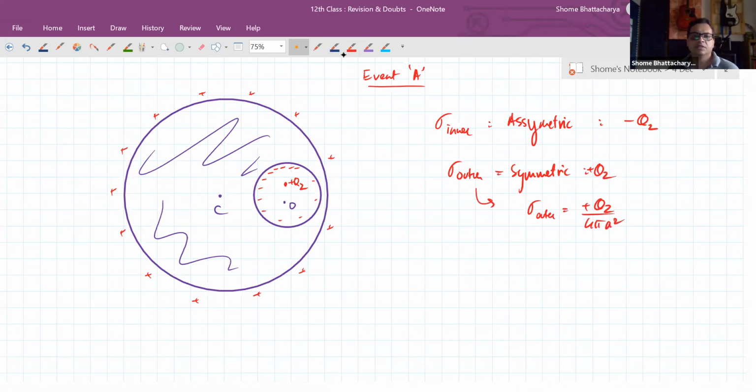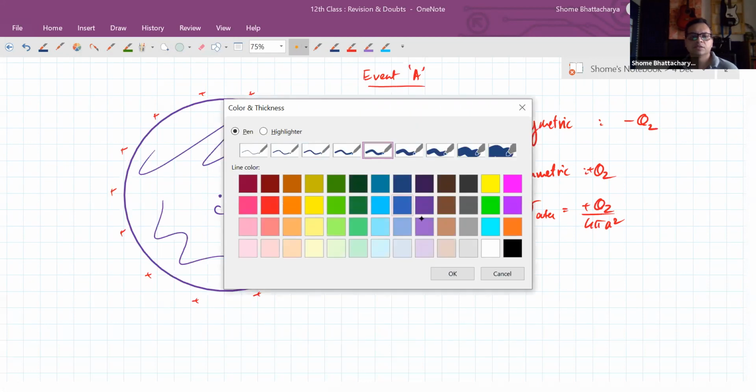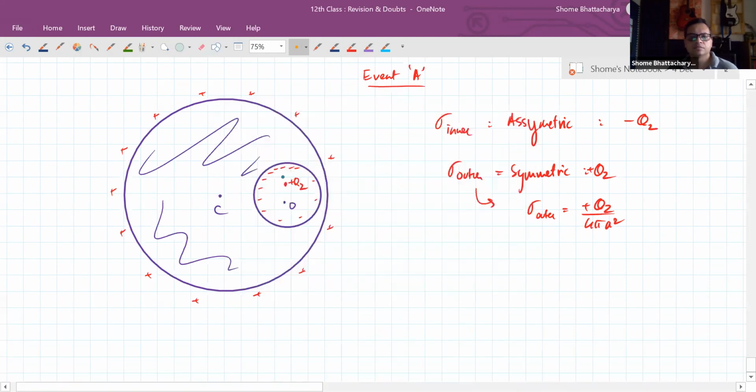Now also, obviously we talk in terms of electric field lines. You know that there will be asymmetric field lines inside, somewhat like this, originating from the positive charge.